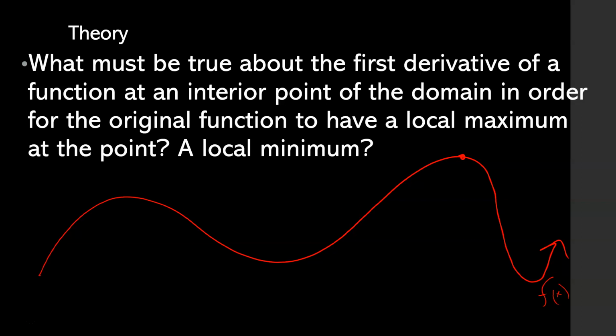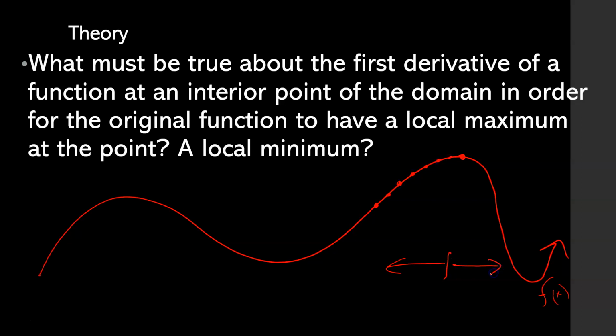What you should be able to tell is that for the points just to the left of that maximum, the first derivative is positive. This graph is increasing. The graph would have tangent slopes that are positive.